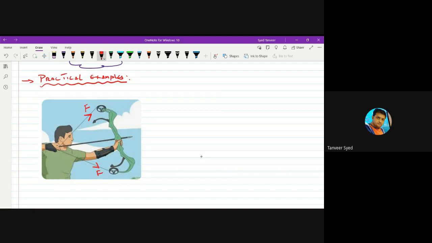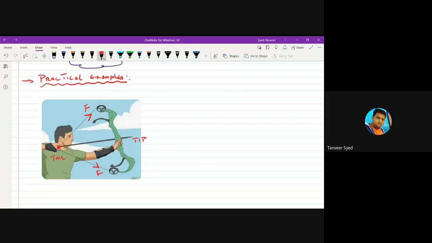Now these two forces are acting on the tail of the arrow. This is the tip of the arrow, and this is the tail of the arrow which you hold in your fingers. So these two forces are acting simultaneously at the tail of the arrow, which is here.